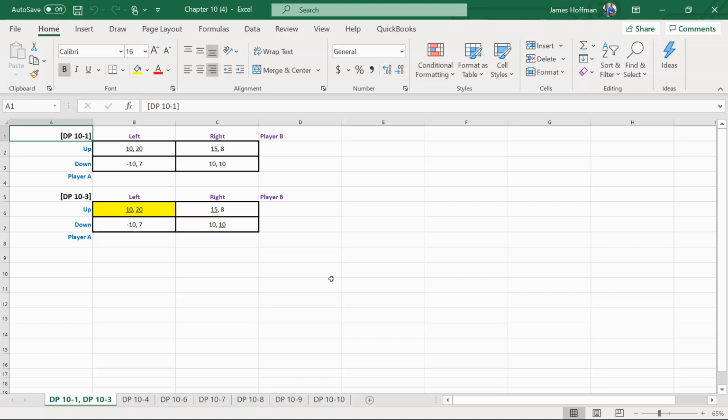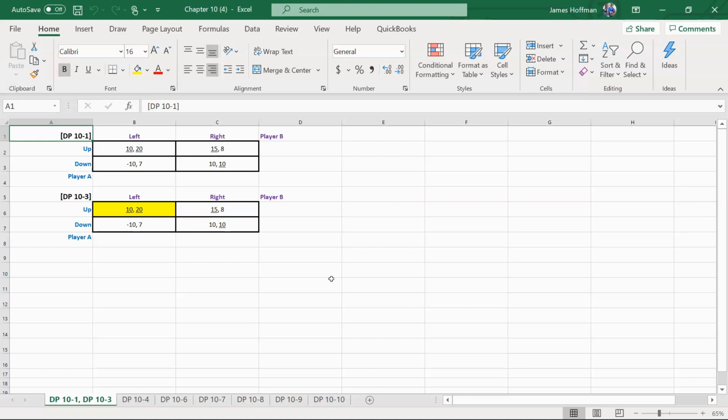So if you want to do it in Excel, you're welcome to use my examples as a template. Or if you want to do it just with a ruler and pencil, then we can do that as well. But here's what I did. Here's my Excel work for this one.